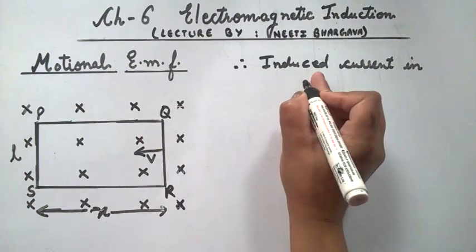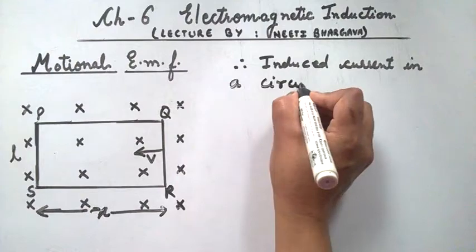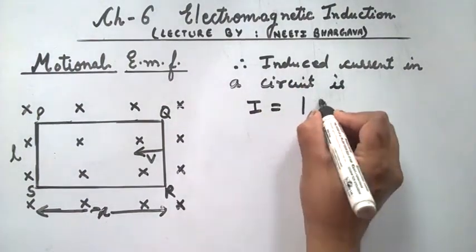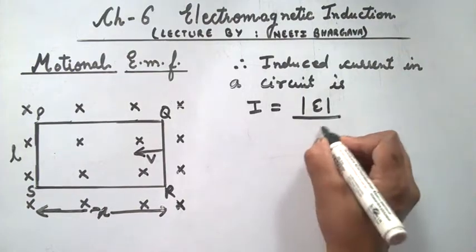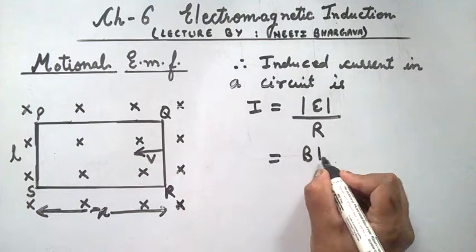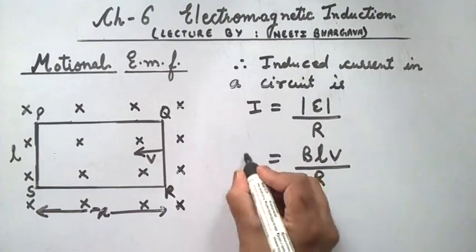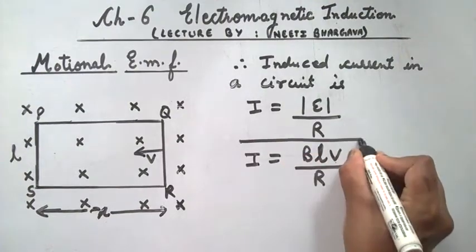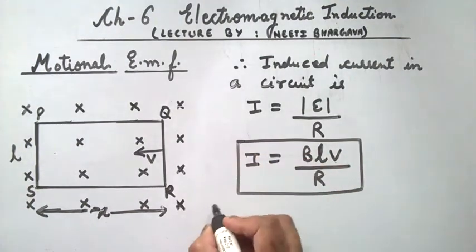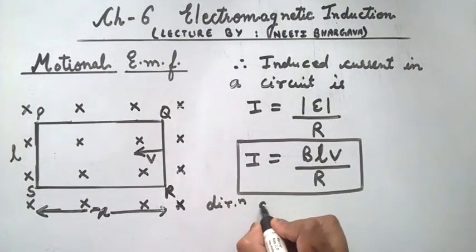Thus, induced current in a circuit is induced EMF by ohmic resistance. Value of induced EMF is BLv, upon R. This is the magnitude of induced current and its direction is given by Fleming's right hand rule.